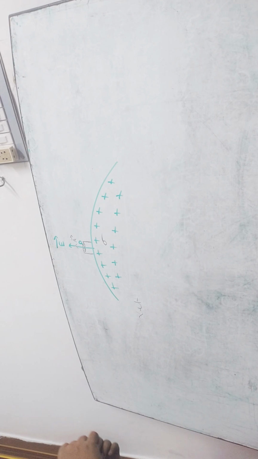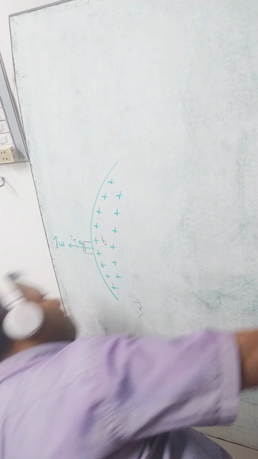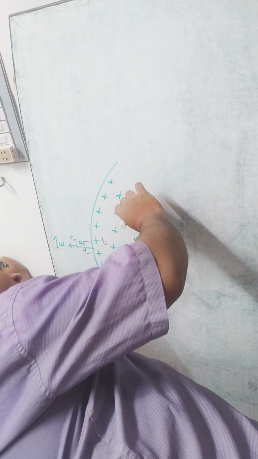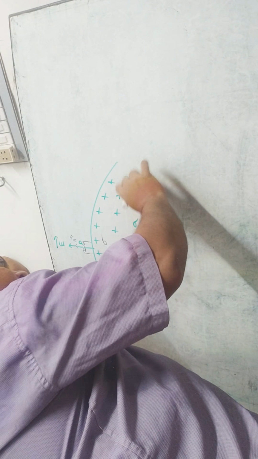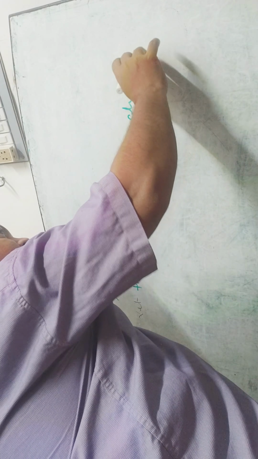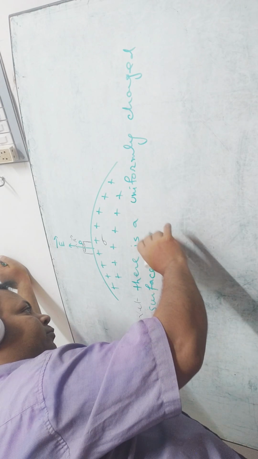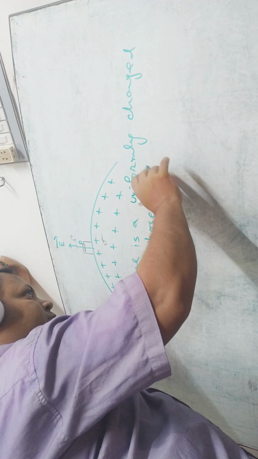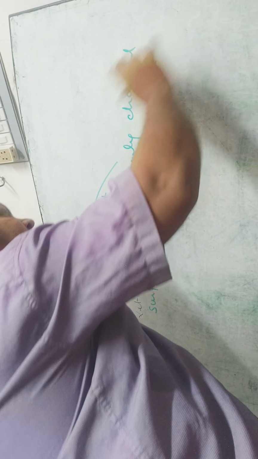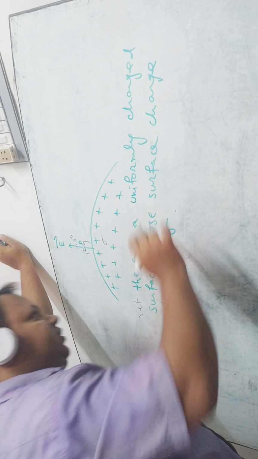Let there be a uniformly charged surface whose surface charge density is sigma.